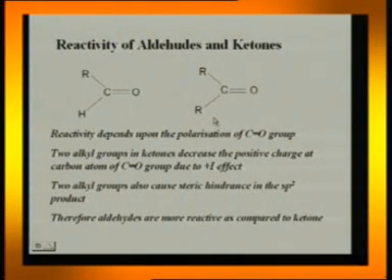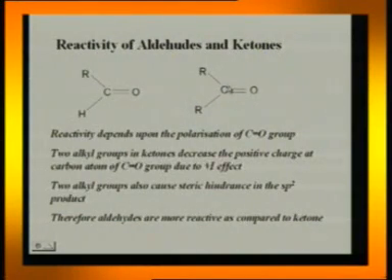Now, how do these groups affect the reactivity of aldehydes and ketones? The reactivity, first of all, we know depends upon the polarization of the carbonyl group, and there are two alkyl groups in ketones, and we know that alkyl groups are electron donating.